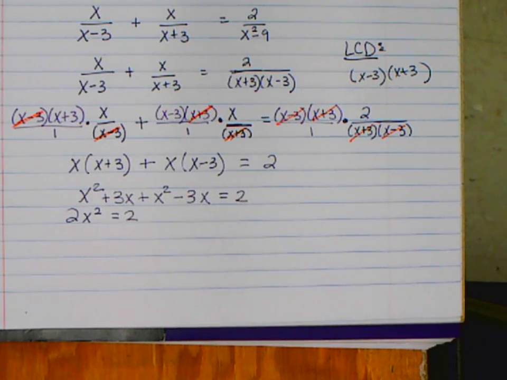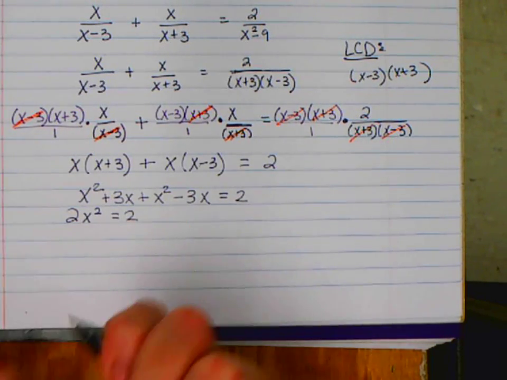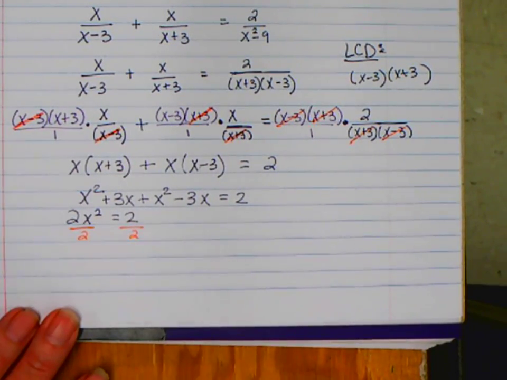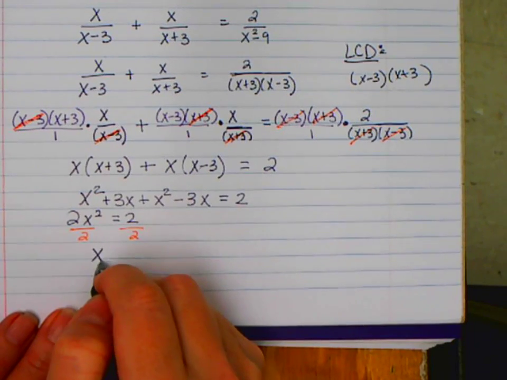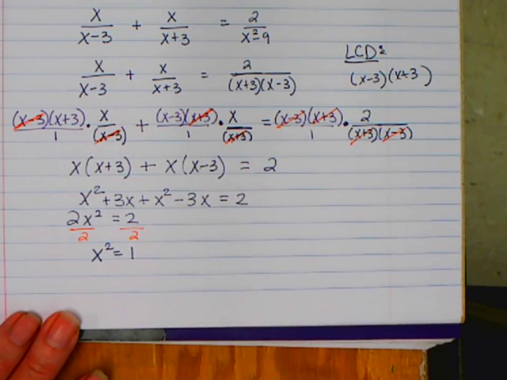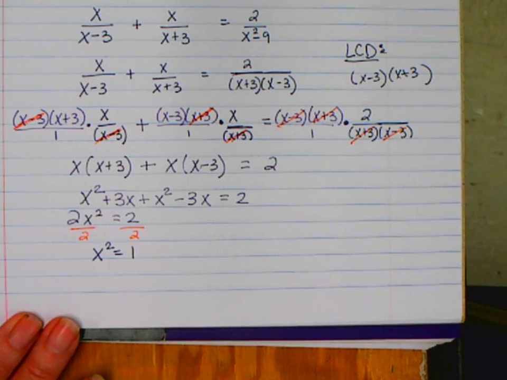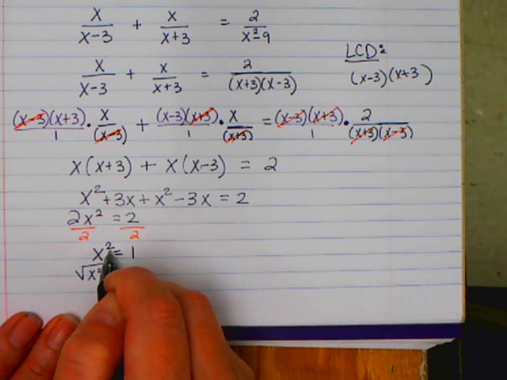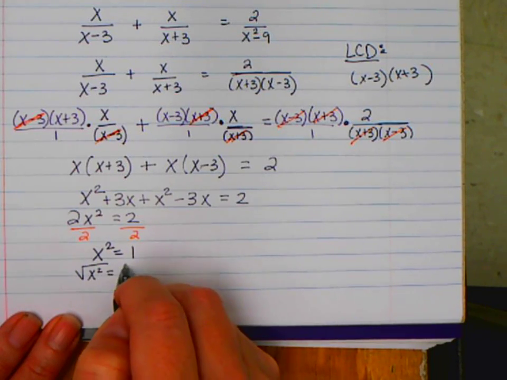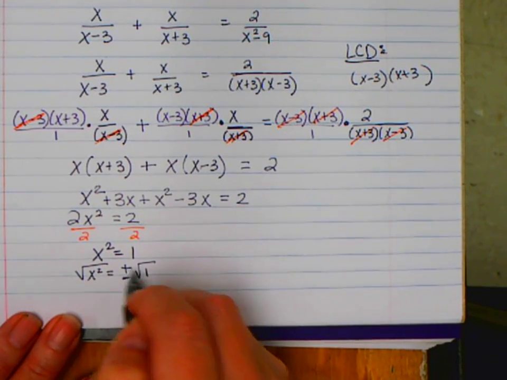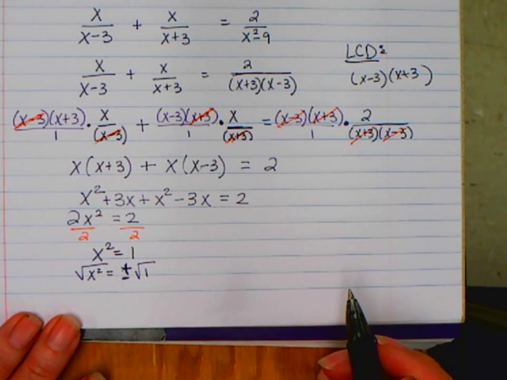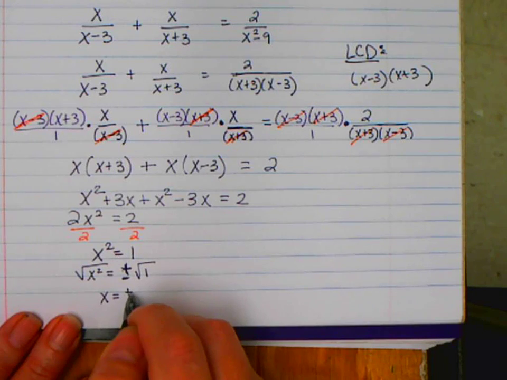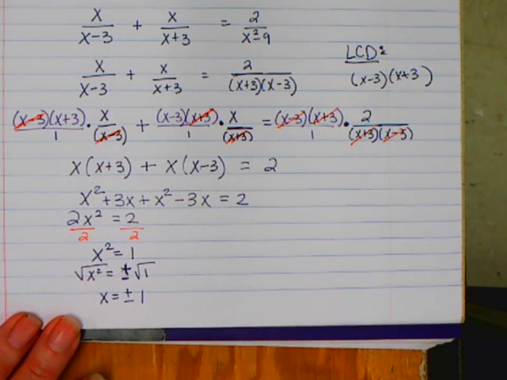But since I'm just solving and I don't have a linear term, I could just go ahead and divide by 2 and get x squared equals 1. And then what? Square root both sides. Make sure 2 degrees is 2 solutions, right? So I have to take the positive and negative square root of 1. So x equals what? Positive and negative 1.